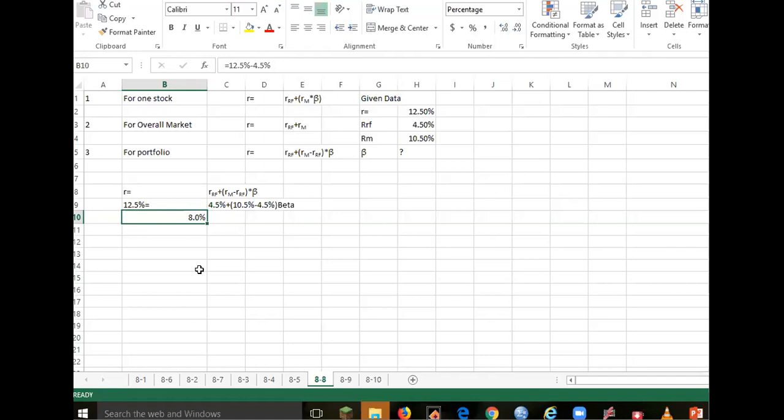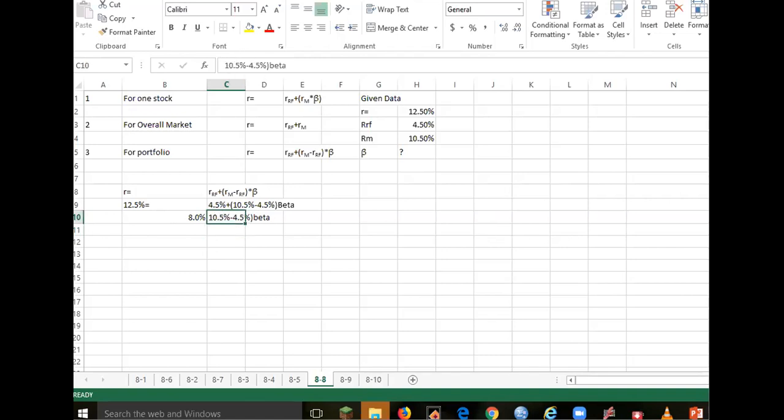So class, 12.5% minus 4.5%, we get 8%. On the other side, we have 10.5% minus 4.5% into beta.